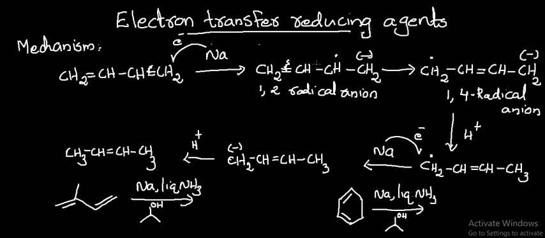Then here a double bond will form, and here one electron, that is our radical. This is the resultant intermediate: CH2 radical, CH double bond, CH single bond, CH2 minus. This is our 1,4 radical anion, and it is highly stable compared to the 1,2 radical anion.